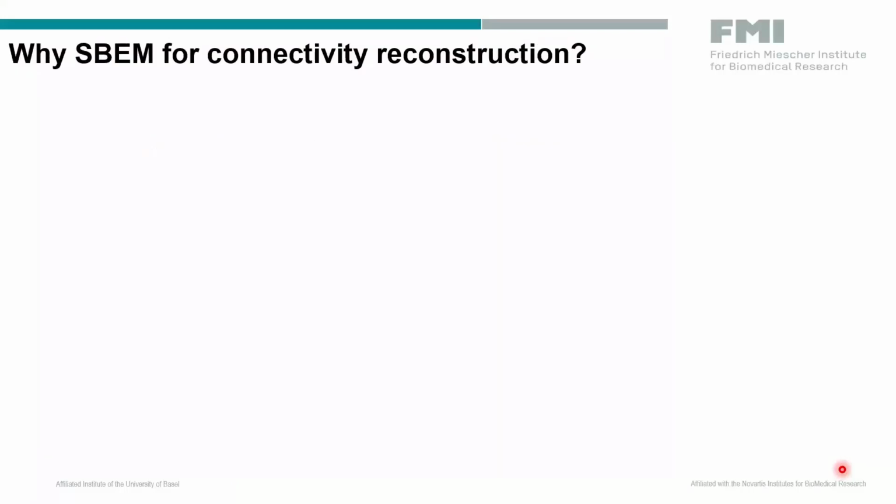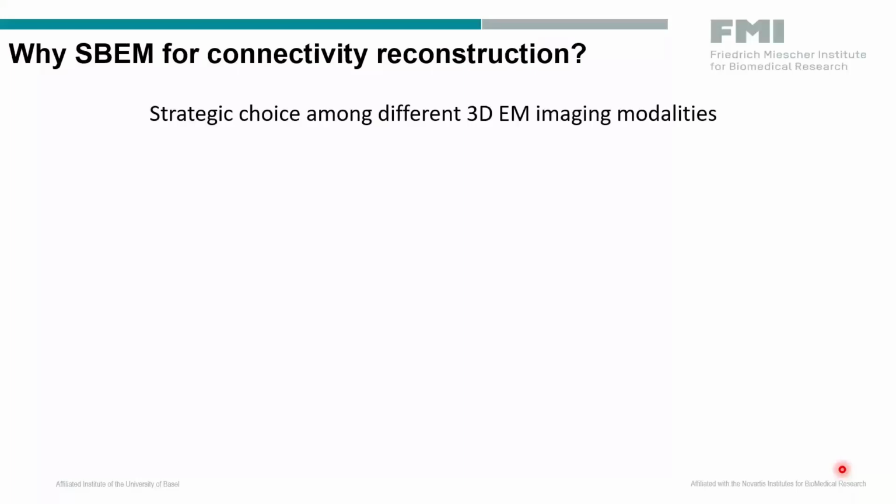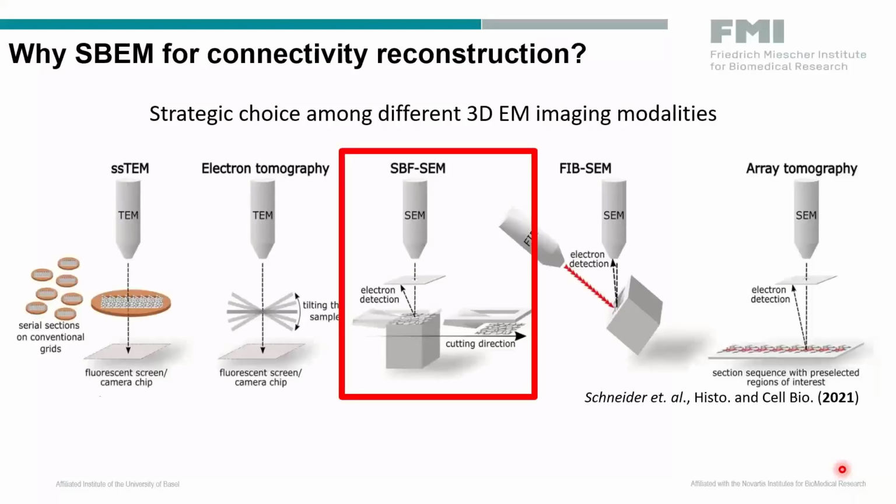Why do we need serial block face electron microscopy for reconstructing connectivity? In fact, there are different modalities to perform 3D electron microscopy imaging. We have electron tomography, serial sectioning SEM, and array tomography.